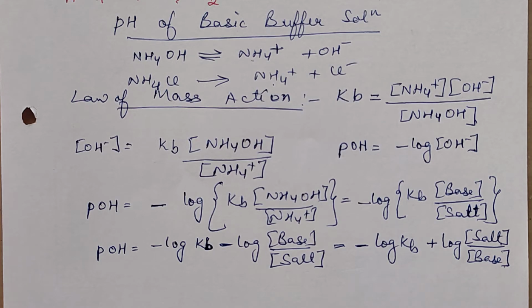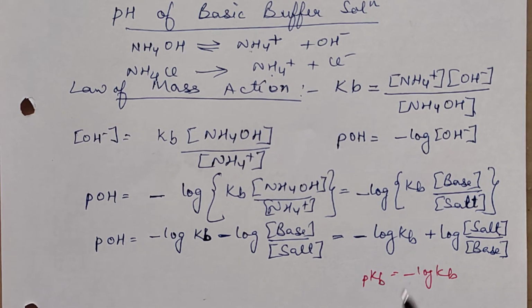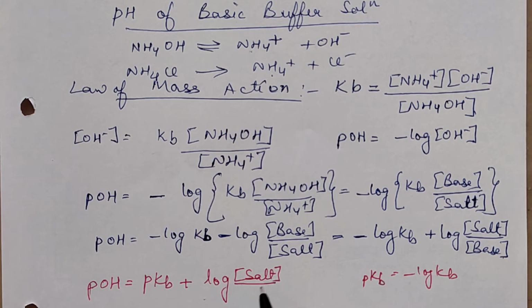Okay, now another form is, as I told you earlier also, pKb. pKb is minus log of Kb. That means instead of this term we can also write the formula as pOH is equal to pKb plus log of the concentration of salt divided by the concentration of base.